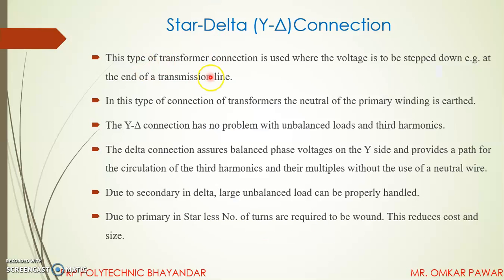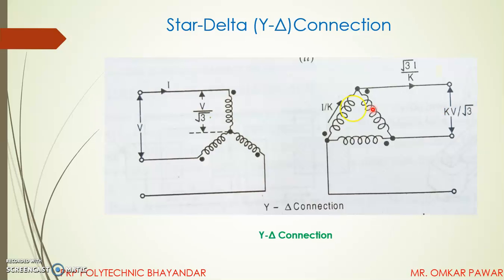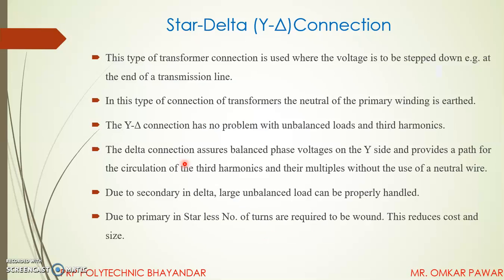So this type of transformer connection, that is star delta connection, is used where the voltage is to be stepped down. Example, at the end of a transmission line. In this type of connection, the neutral of the primary winding is earthed. That is, on the primary side the neutral is taken out and grounded.